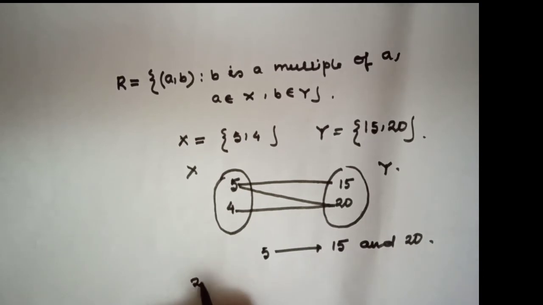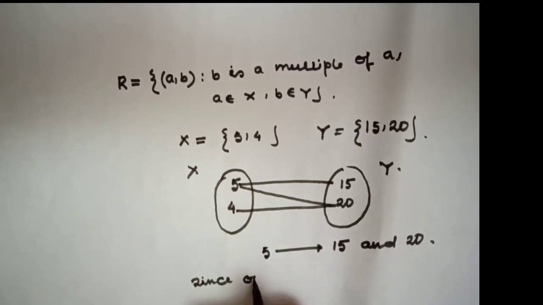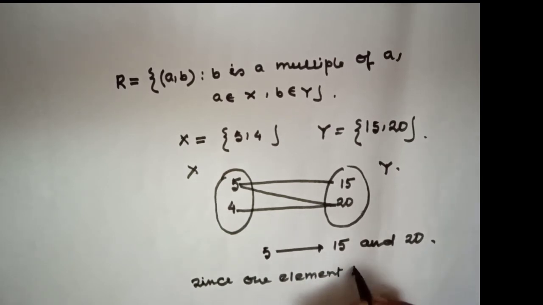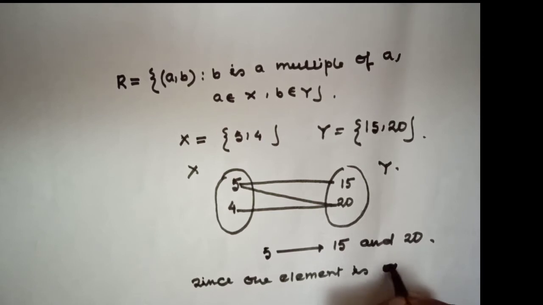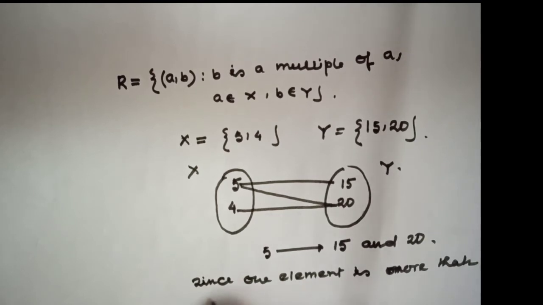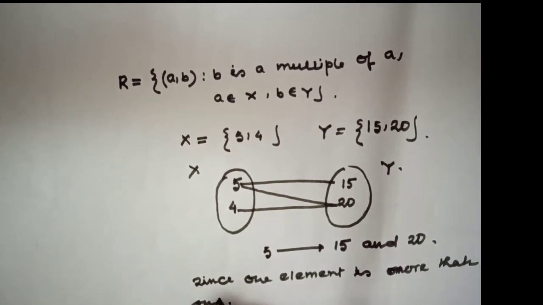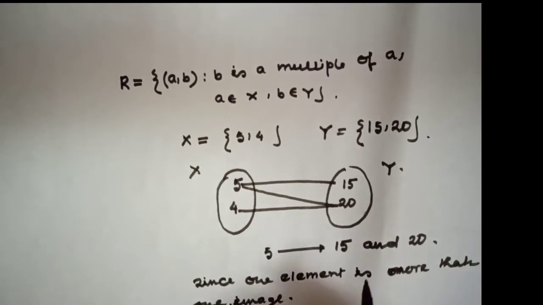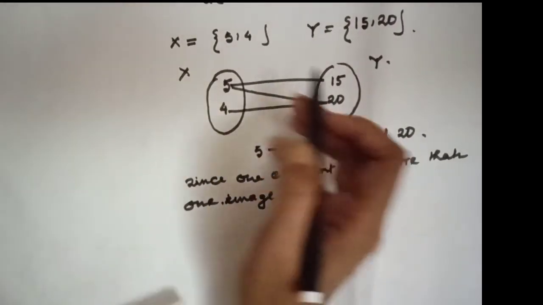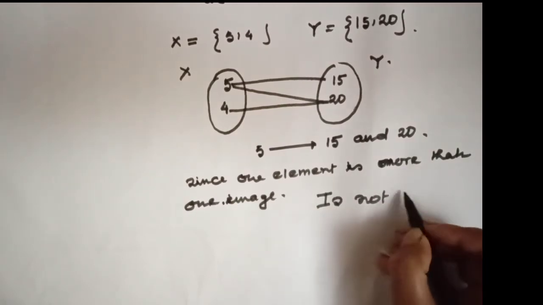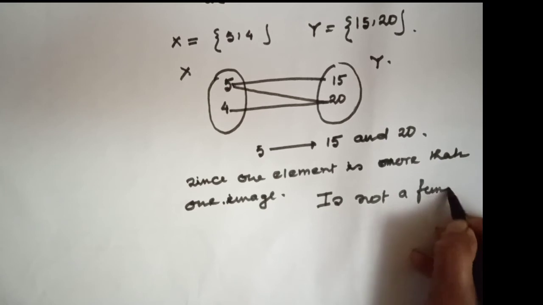Since one element has more than one image, we can say this example is not a function.